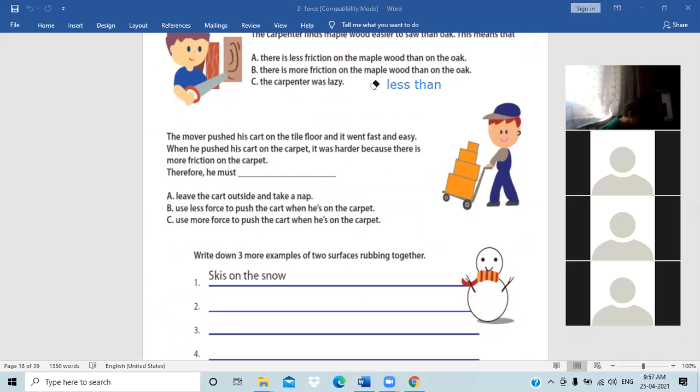The mover pushed his car on the tile floor and it went fast and easy.